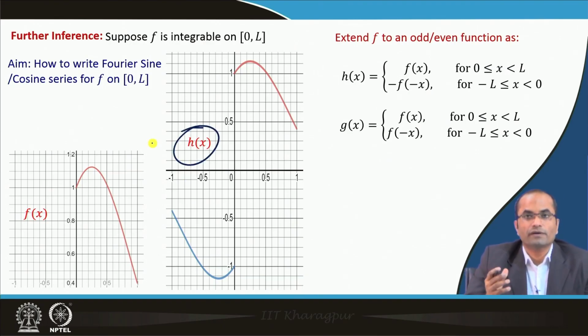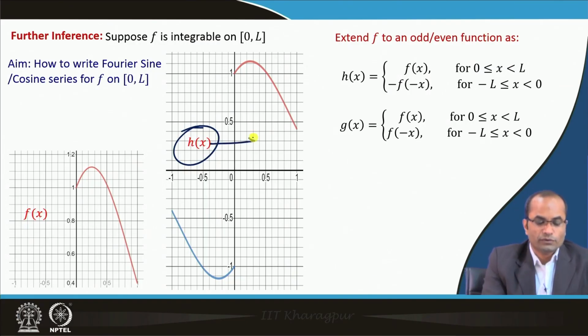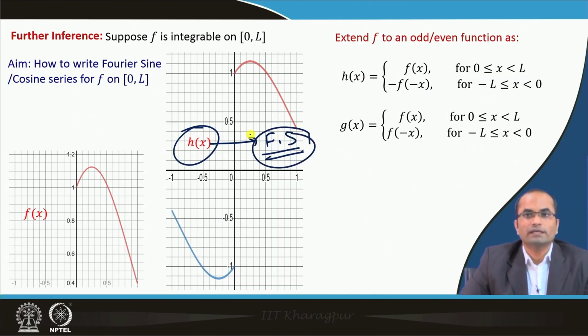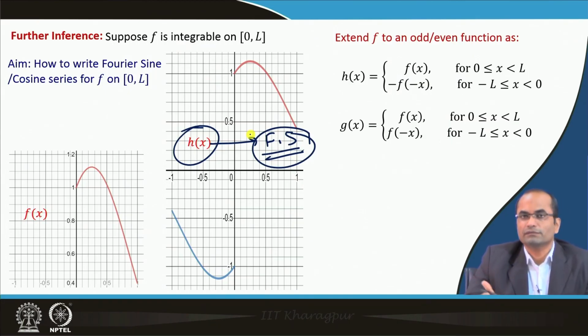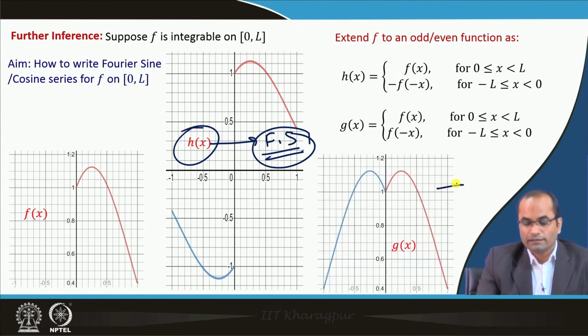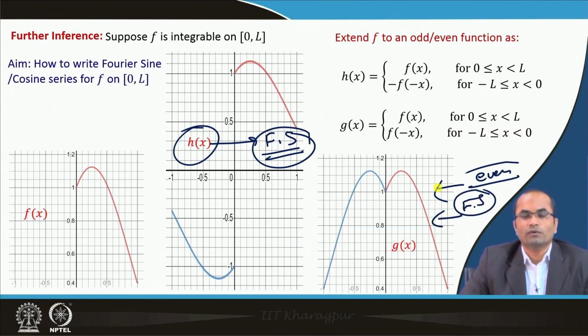becomes the odd function. So, when we write the Fourier series of h x, it will have only the sine terms, because this is an odd function. So, the Fourier series of h x will have only a sine series, and when we extend here for g x, which is an even function, and we write the Fourier series of this function, then that Fourier series will contain only the cosine terms.